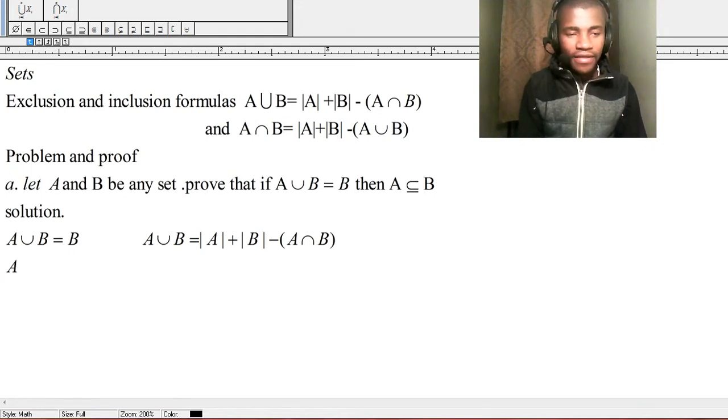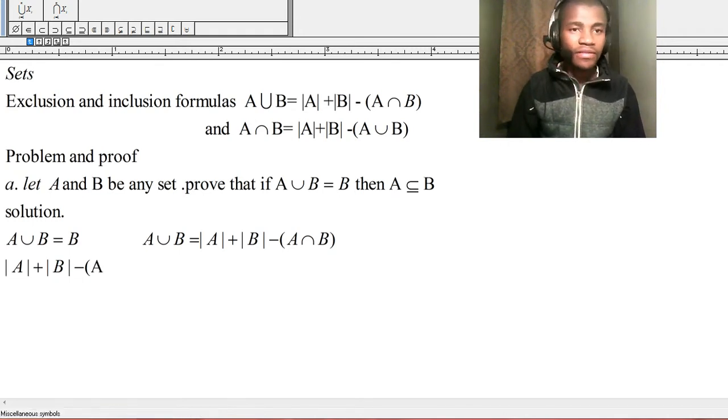We get, no, it's not A union, but this, we are saying this one is now equal to this, so having modulus of A plus modulus of B minus A intersection.